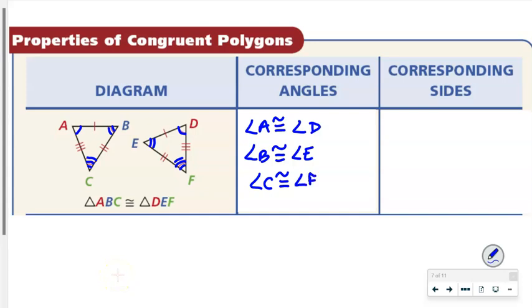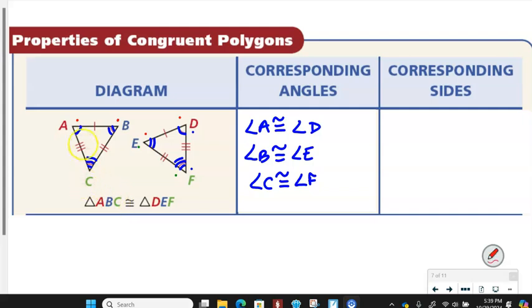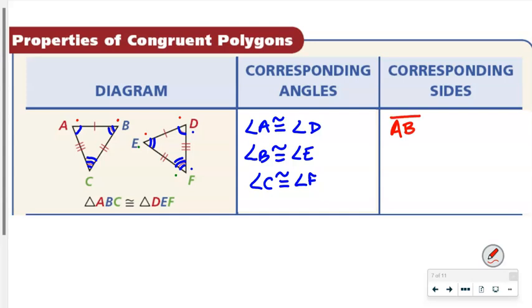Now, also this statement, notice first letter, second letter, or middle letter, last letter, last letter. This is going to become very relevant when we move forward. Okay, so when we start talking about our sides, we're going to go from A to B, which is across our one tick side, and we're going from 1 arc to 2. So we're going to say AB is congruent with, again, going from 1 arc to 2, DE, right?